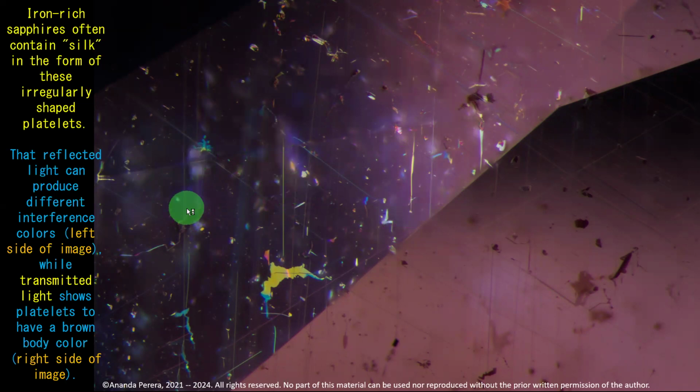Left side of image here. See the right side of image. See the difference. While transmitted light shows platelets to have a brown body color, right side of image. This right side of image is change from the left side.